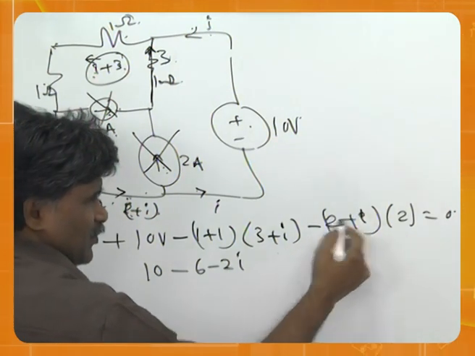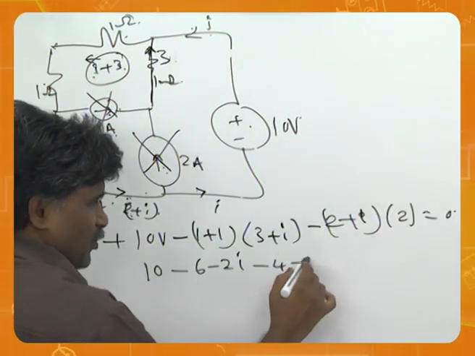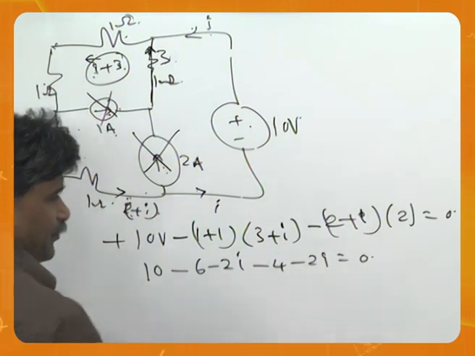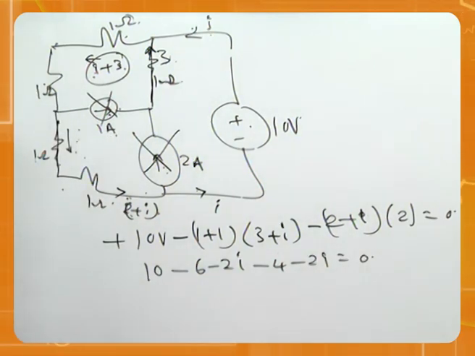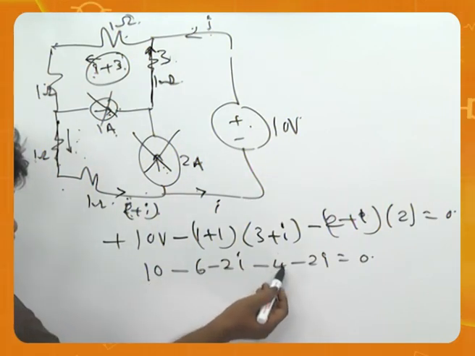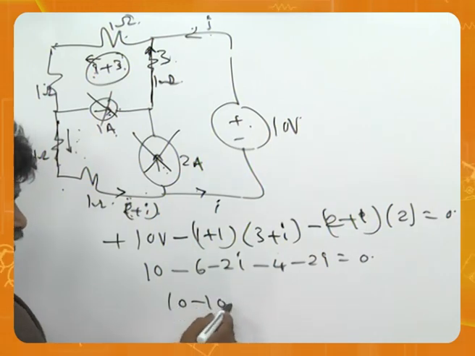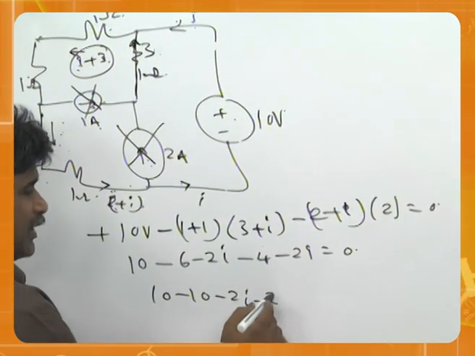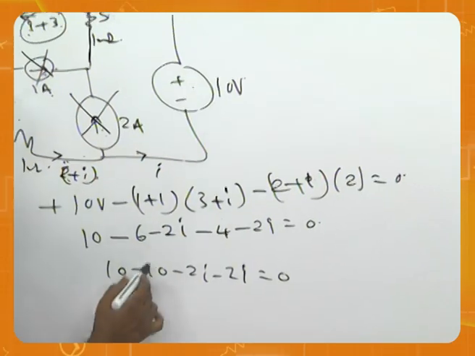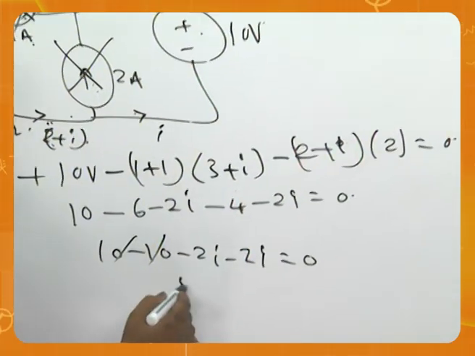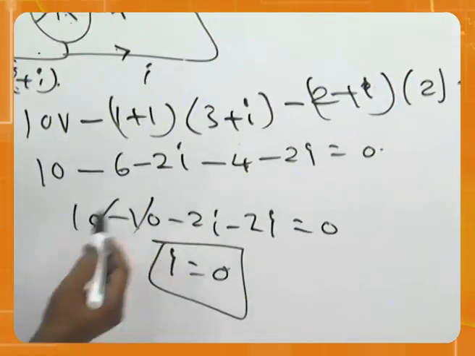This is again minus 4 minus 2I. If you calculate from here, 10 minus 10 minus 2I minus 2I, that means 10 minus 10 is 0, therefore I is equal to 0.